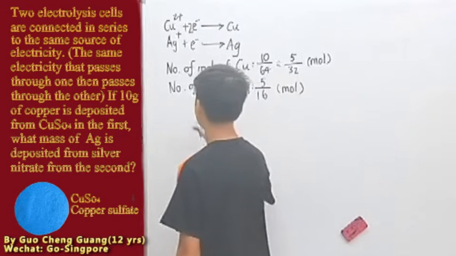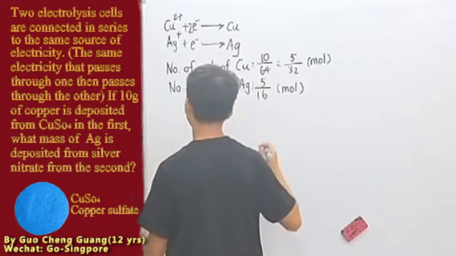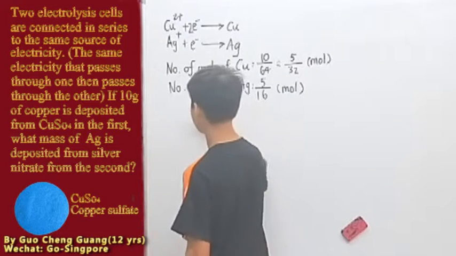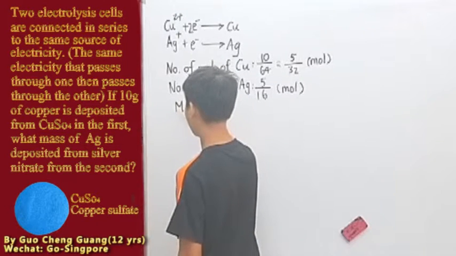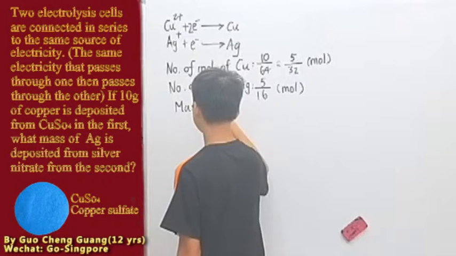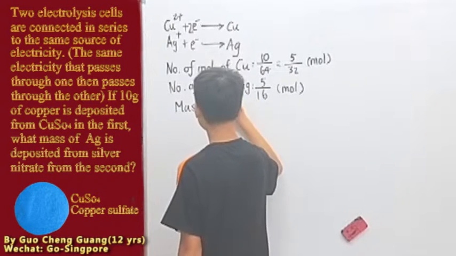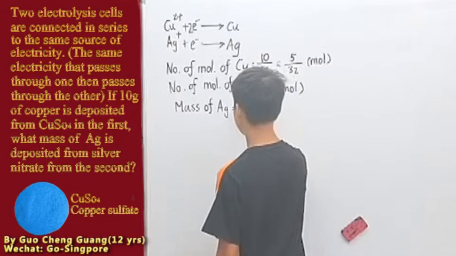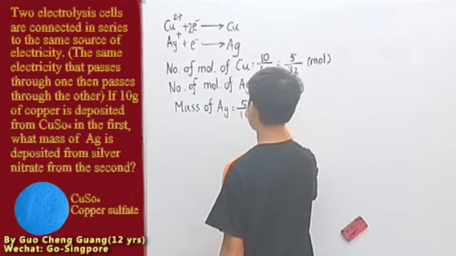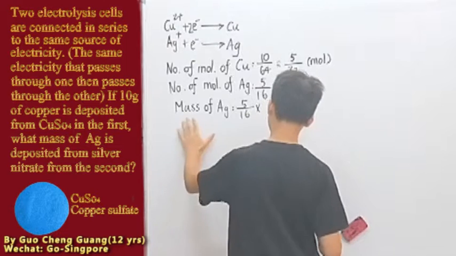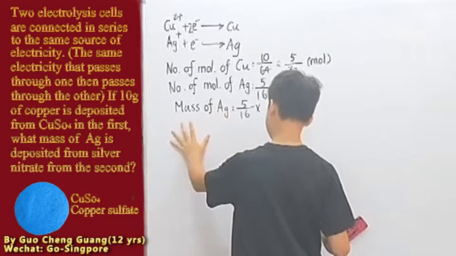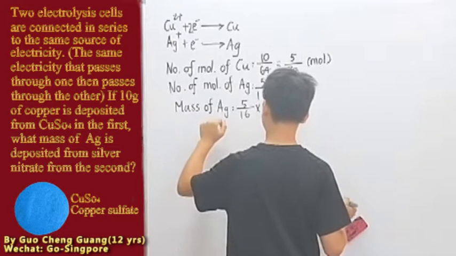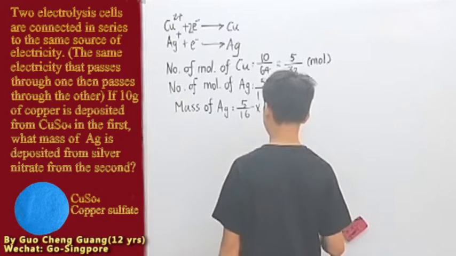Well, then in this part, since you already got the number of moles of silver, that means you can already find the mass of silver. So for the mass of silver, what you need to do is just 5 over 16, then you times the atomic mass unit given for silver.